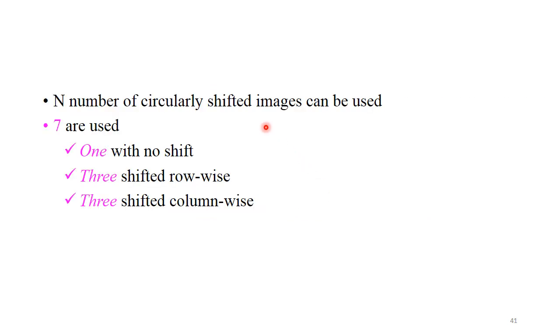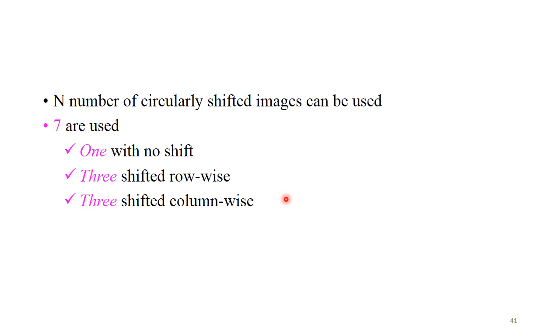Now for the experimentation, our consideration is 7 images. They are circularly shifted, of which 1 image no shift, 3 images shifted row wise, and 3 images shifted column wise. Now the question is, why 7 images? Why not 10 images? Why not 20 images? Or why not something like 3 or 4 images?